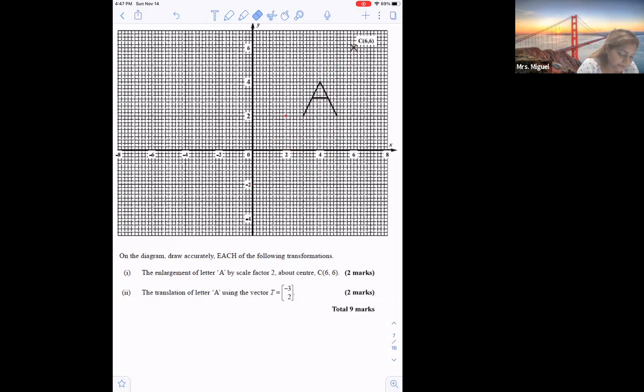So if I erase here, this point here is moving -3. So it's not moving to the right, it's moving to the left. So we move in 1 place, 2 spaces, 3 spaces to the left, and 2 spaces upward. 1 space, 2 space. So that is my first point.